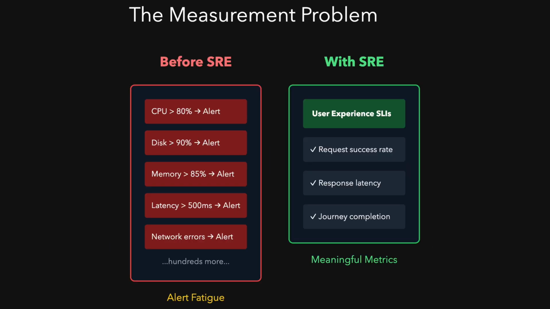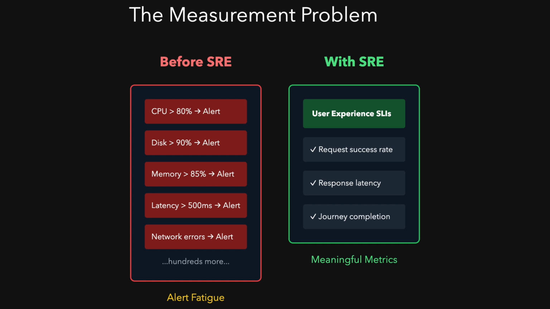Even teams that embrace DevOps faced another challenge. They were drowning in metrics, but starving for meaning. Your monitoring system tracks thousands of metrics: CPU utilization, memory pressure, disk I/O, network latency, database connection pools, and every metric has an alert. Disk usage above 80%?